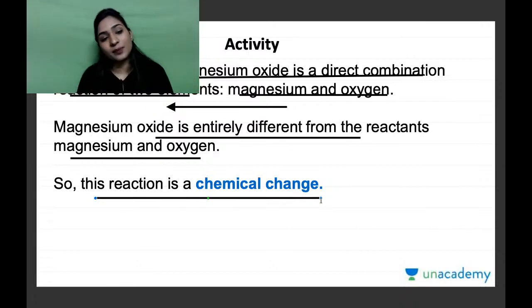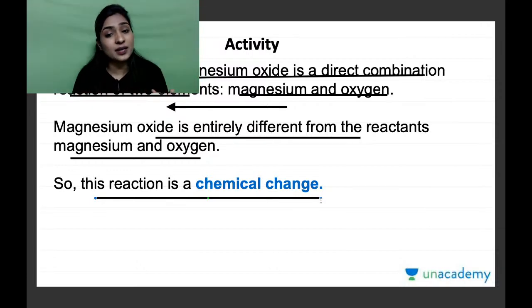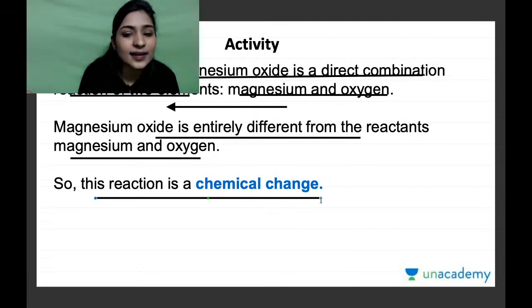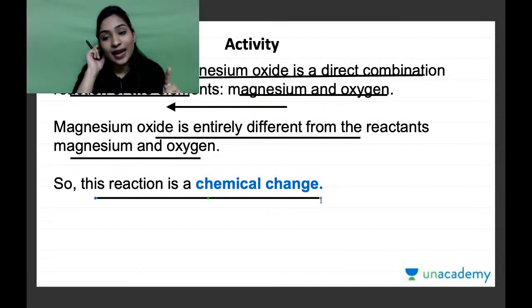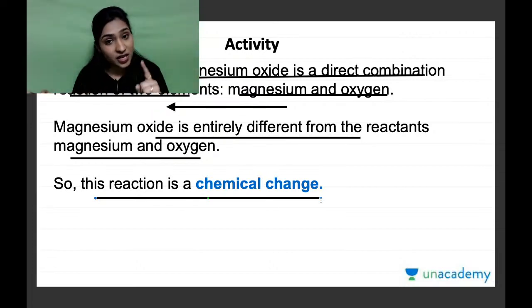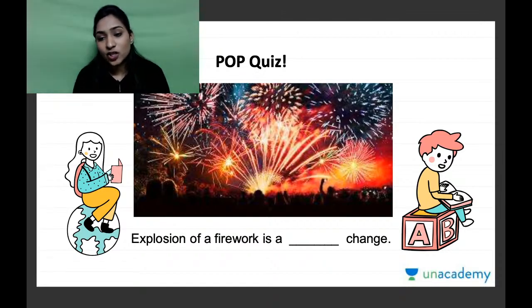Yes, you will tell me that the formation of magnesium oxide is a direct combination reaction of two elements, magnesium and oxygen, and magnesium oxide is entirely different from the reactants magnesium and oxygen. That is why this reaction will be termed as chemical change. It is non-reversible. Understood, everyone? Understood? Yes, thank you.